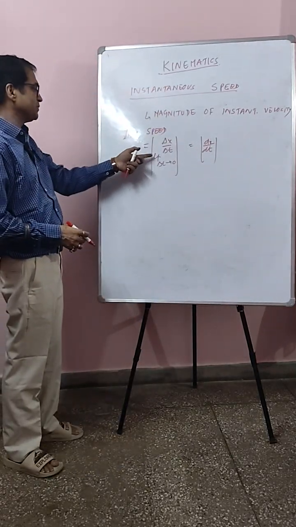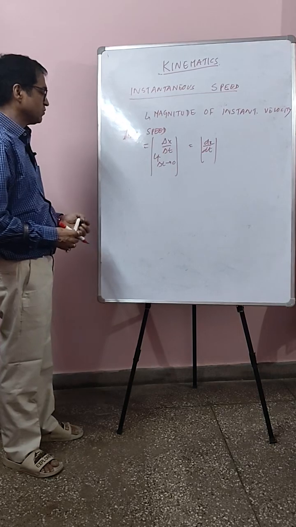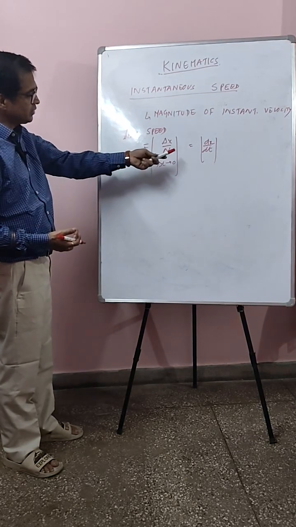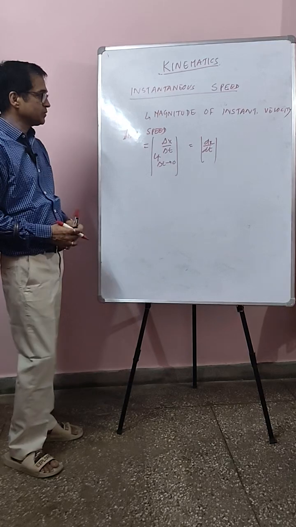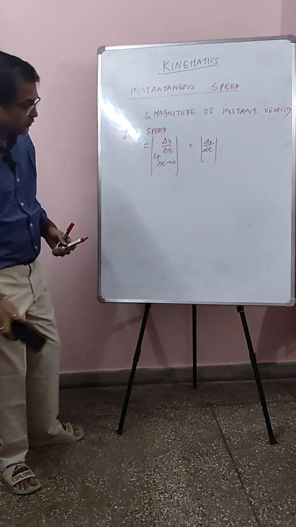So instantaneous speed is basically the magnitude of instantaneous velocity.